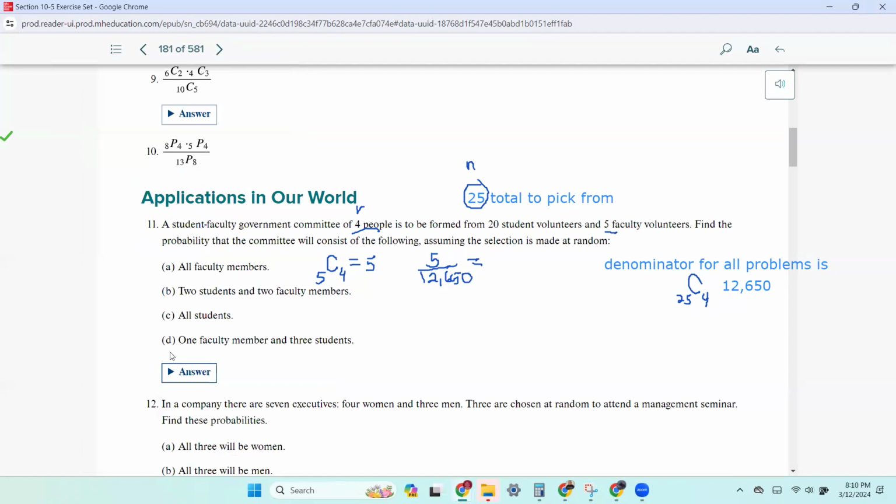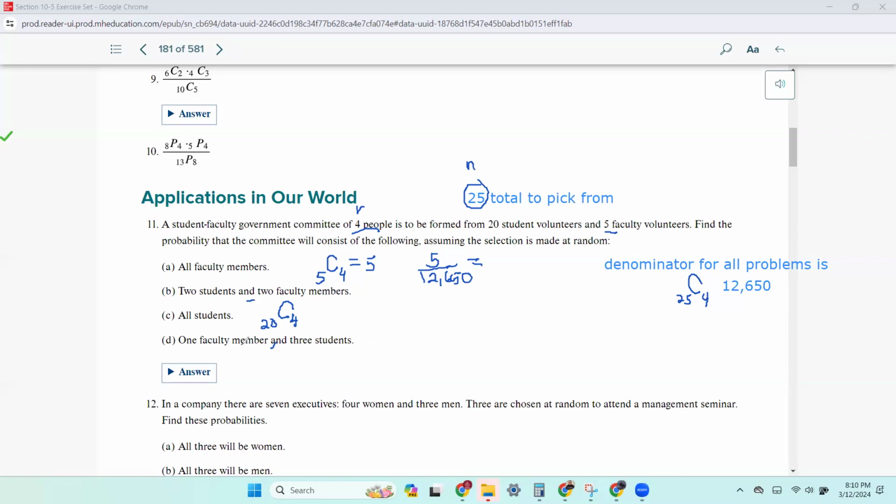Okay. I'm just going to do the numerator for this next one. So this is all students. So for the numerator, the 4 has to come from 20. All right. Now, for this last one, it's very much like the one that I just did with the magazines. It's got an and.